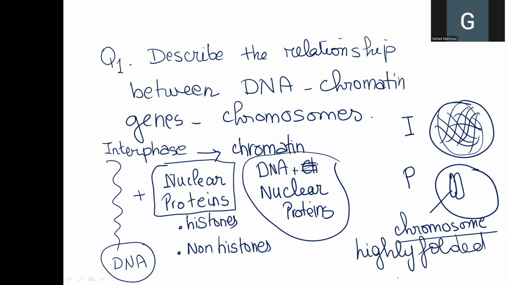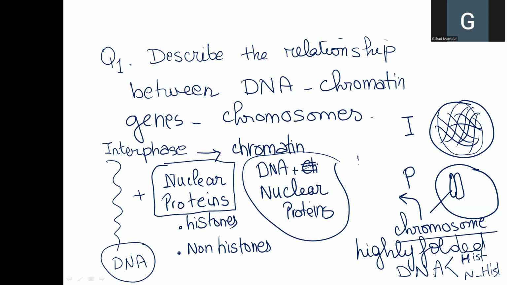And in order for the chromosome to be highly folded, the folding of the DNA should have occurred with the help of histones and non-histones. So actually, a chromosome is condensed chromatin. It's a highly folded DNA molecule over histone proteins and non-histone proteins.